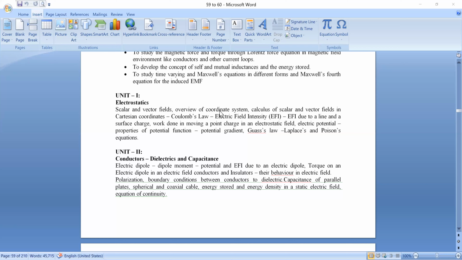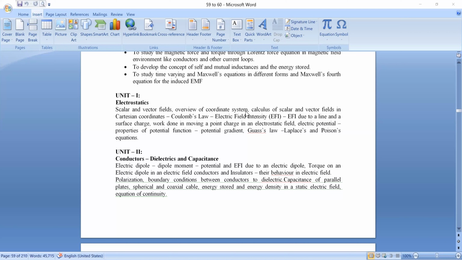And also here we discuss the coordinate systems. Generally, in your lower classes, you study only the Cartesian coordinate system, but there are three types of coordinate systems: the Cartesian coordinate system, the spherical coordinate system, and the cylindrical coordinate system.